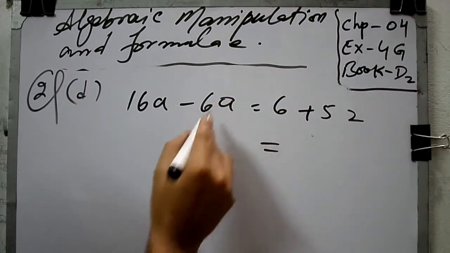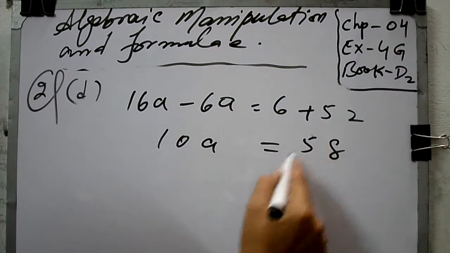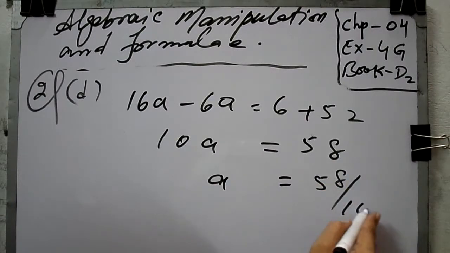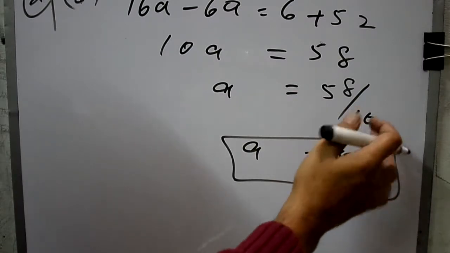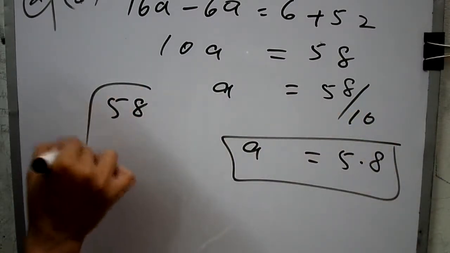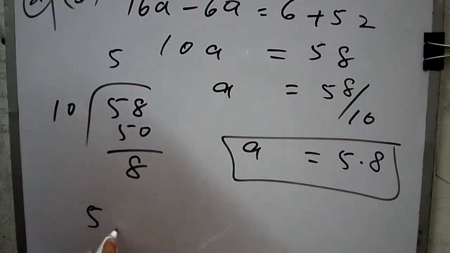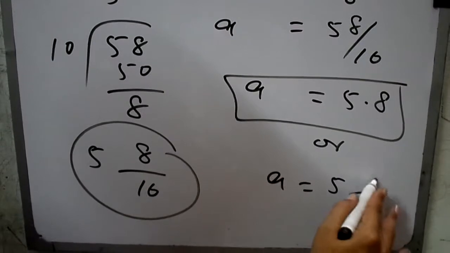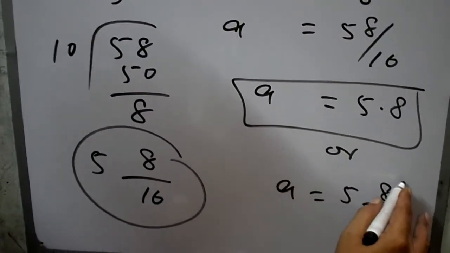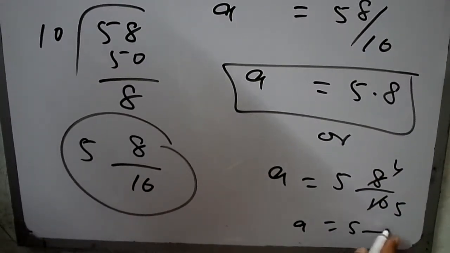So constant term we have shifted there, so you will get 10a equals 58, but you need the value of a, that is 58 divided by 10, so you will get 5.8 in decimal form, otherwise 58 divided by 10, so you will get 5 whole 8 by 10, or the value of a is 5 whole 8 by 10, or to cancel it, 4 2s are 8, 5 2s are 10, so you will get again a is equal to 5 whole 4 by 5.